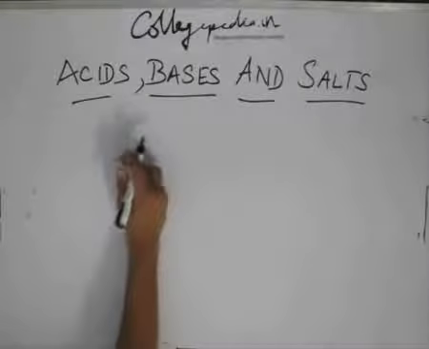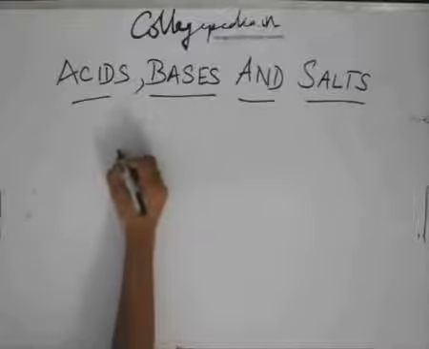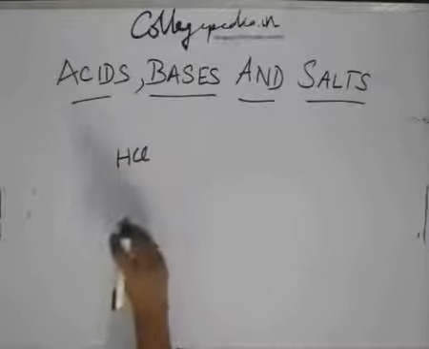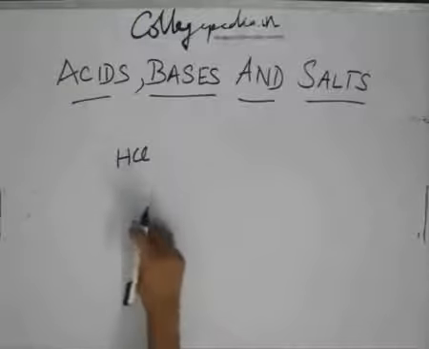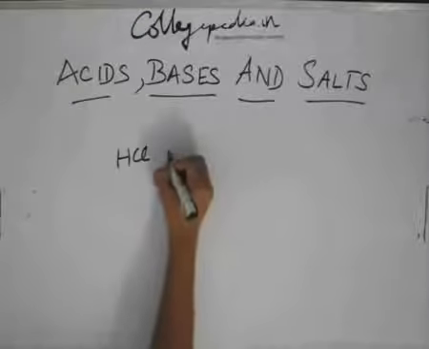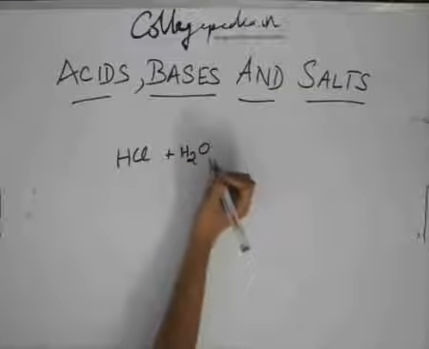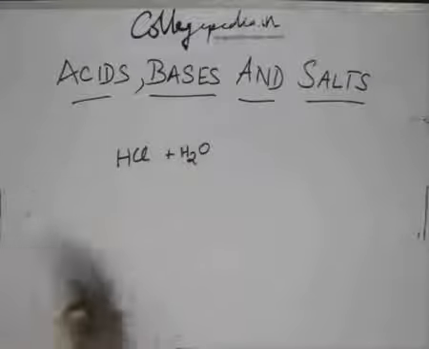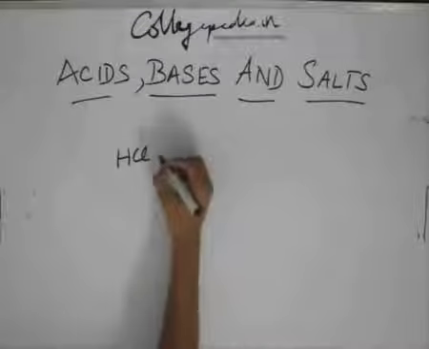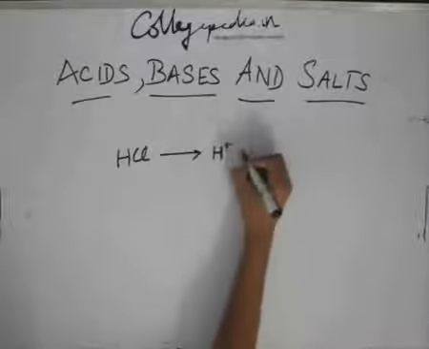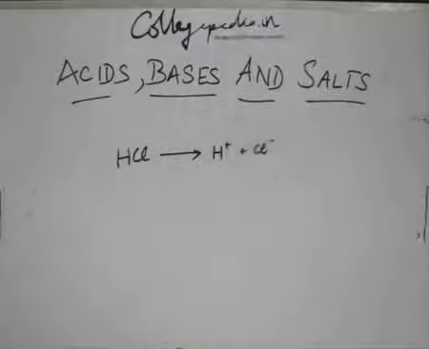So actually, when your HCl is added to water to make an HCl solution, it actually reacts with the water molecule. What happens is that first the HCl will dissociate into H plus and Cl minus ions, because in aqueous solution the ions will break up.